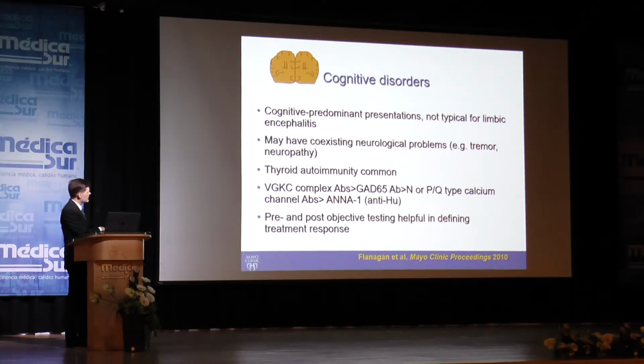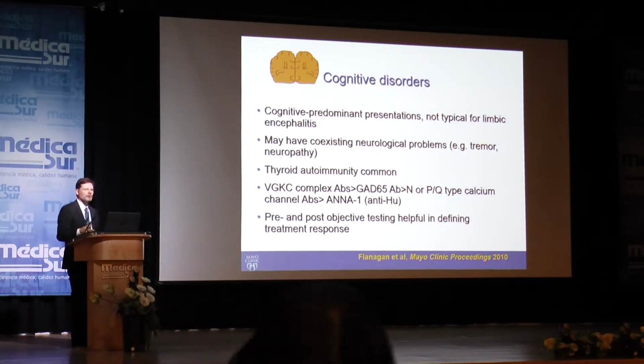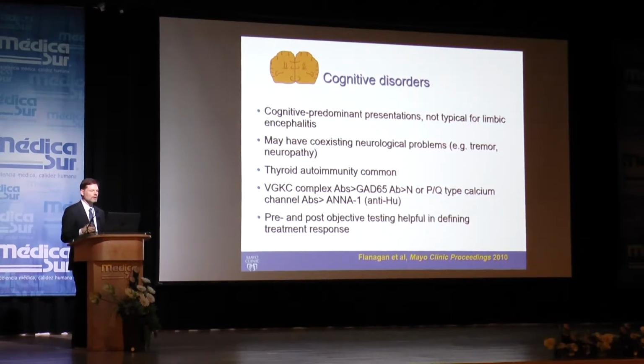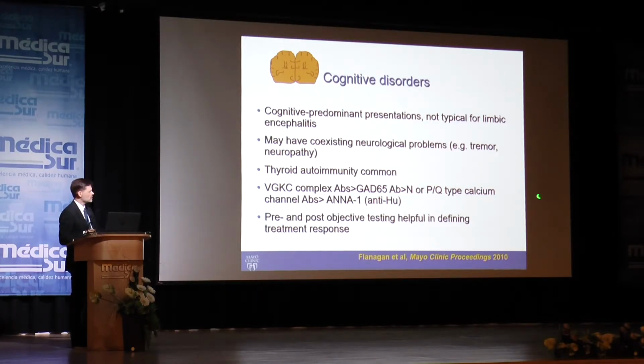Not ANNA-1, that's intraneuronal. Here, this is very challenging because you have patients that have very important complaints, are often unable to work or function very well, and you don't find a tumor and you may not have a very specific diagnosis. You might have something like thyroid autoimmunity and a moderate titer of, say, this P/Q type calcium channel antibody, and uncertainty. What does this really mean?